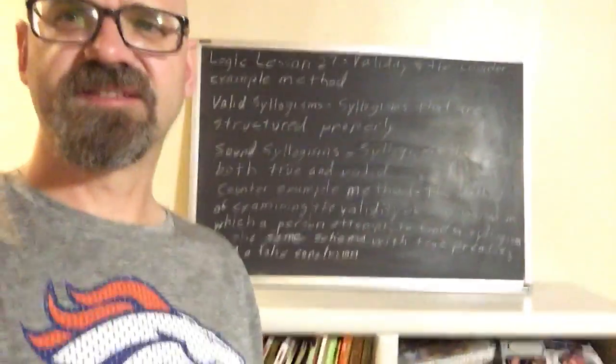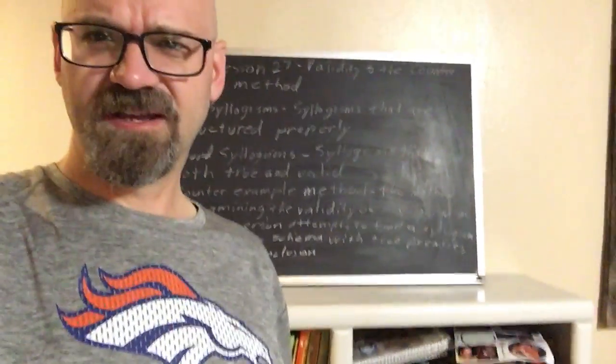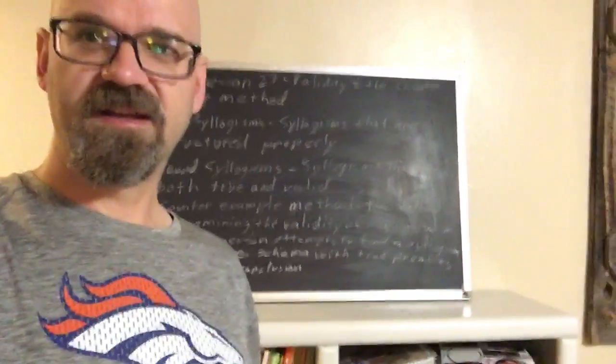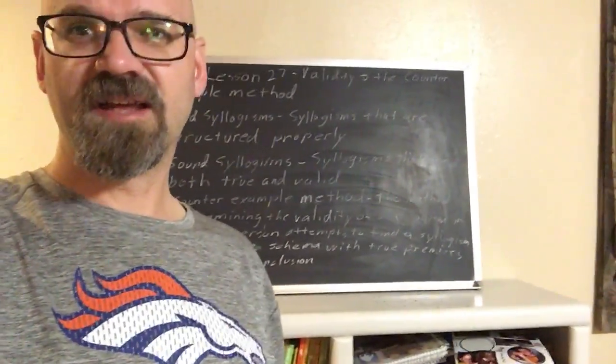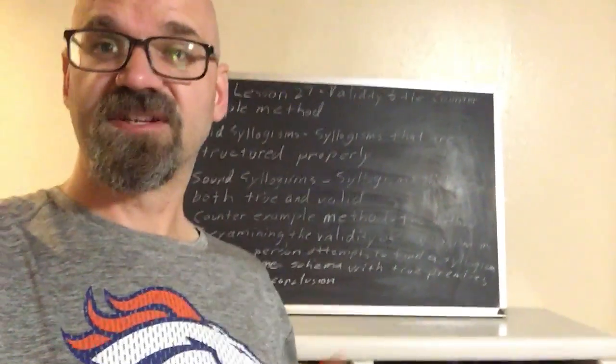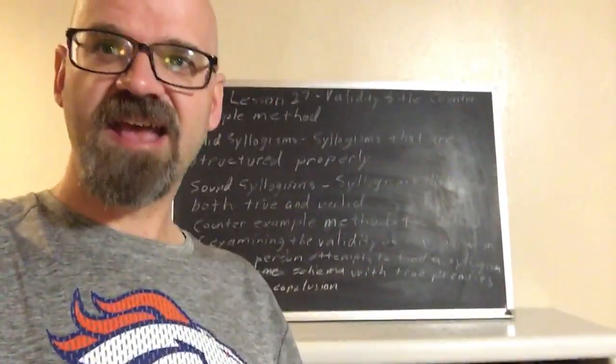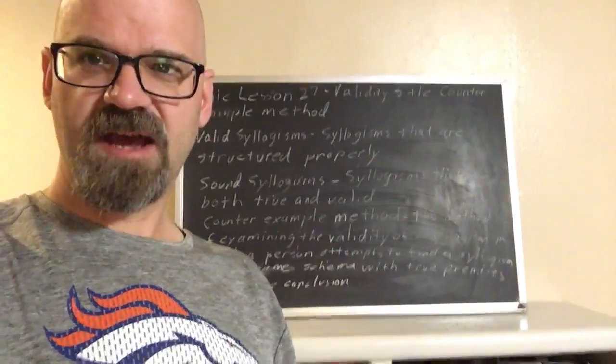But think about this. Let's say I would say, all men are aliens, Lincoln is a man, therefore Lincoln is an alien. What's wrong with that? Because that's actually a valid syllogism. It's a triple A, 1, okay?